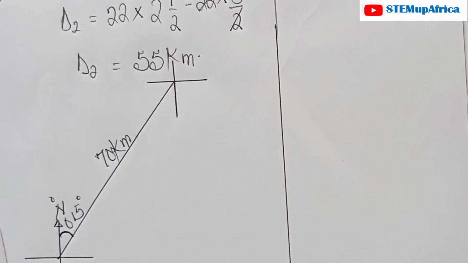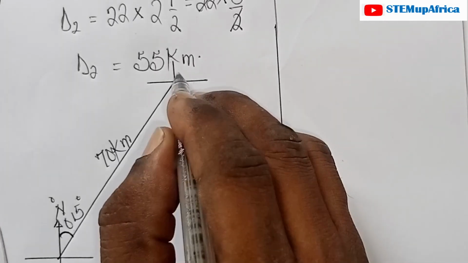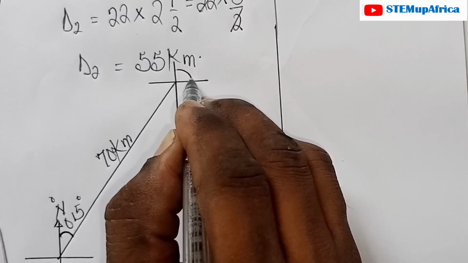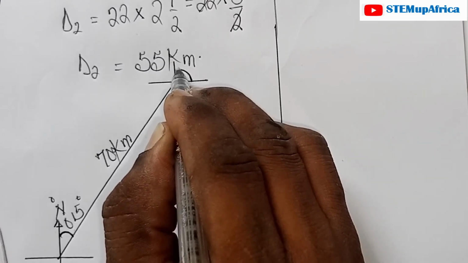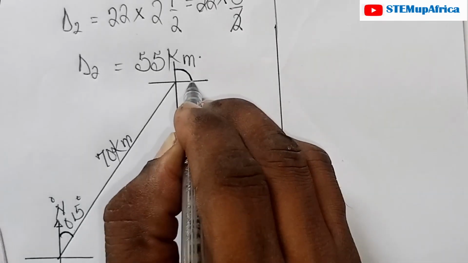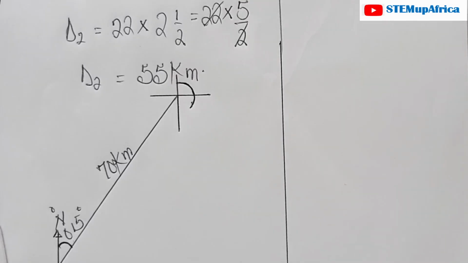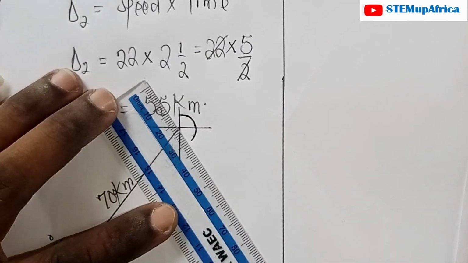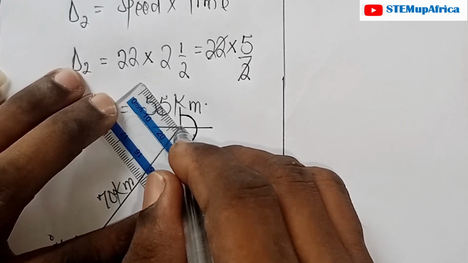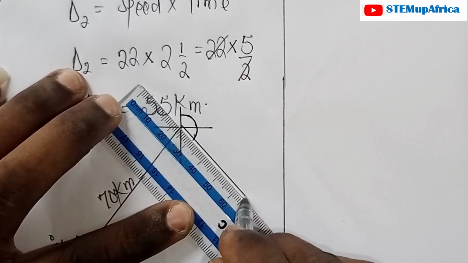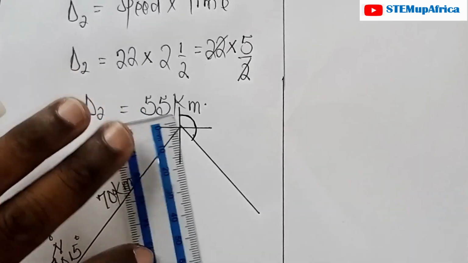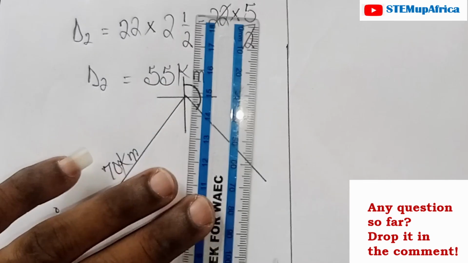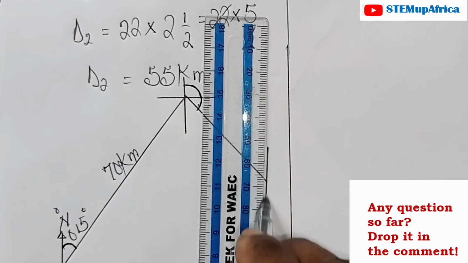So 100 should fall under the second quadrant. So I will move from 0, and if I trace to this point, that becomes my 90. So let's assume somewhere here as our 100. Like I said, the diagram is not drawn to scale. At this point, I will have my distance of 55 kilometers. 70 is longer than 55.